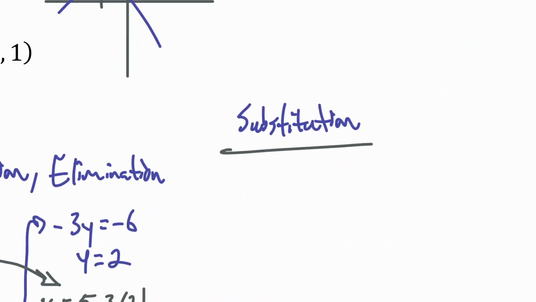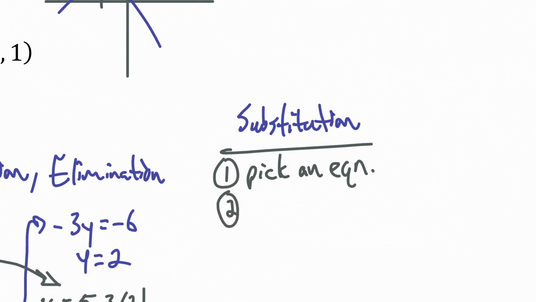So 1, pick an equation. Okay, abbreviate equation here. Isolate a variable. Doesn't really matter which one. Okay.